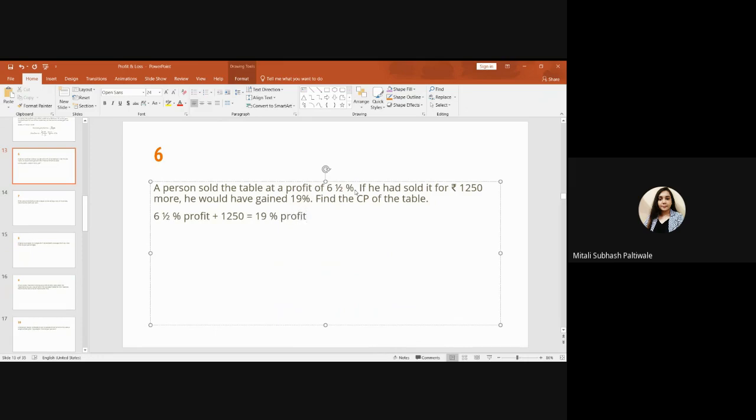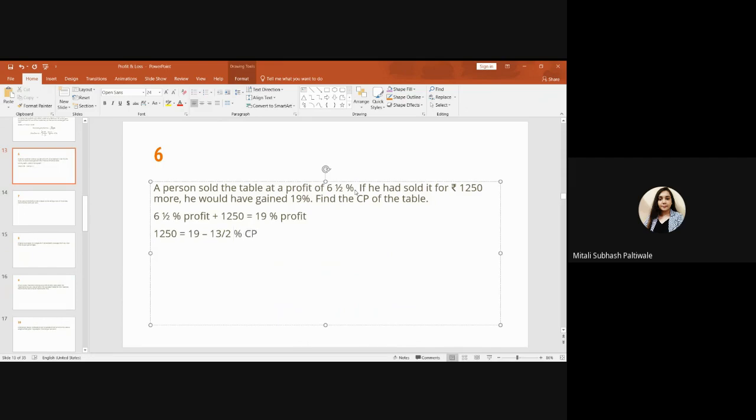Okay, here it is. Look at this. 1250 is equal to 19 minus 6 into 1 by 2. Or rather, I would be writing 6 into 1 by 2 as 13 by 2% of cost price.